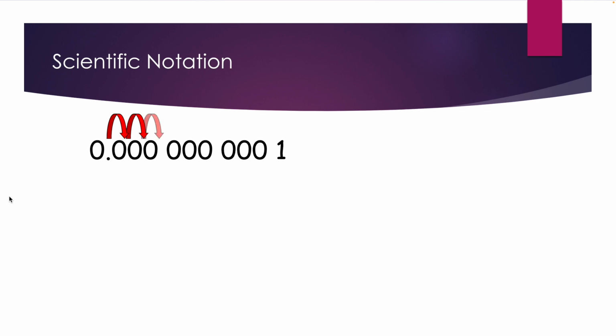So 1, 2, 3, 4, 5, 6, 7, 8, 9, 10 times to move the decimal place so that my number is between 1 and 10. Now, how do we differentiate between moving the decimal place to the right versus moving it to the left? Well, in this case, to get back to my original number, I'm not multiplying by 10, I'm dividing by 10.